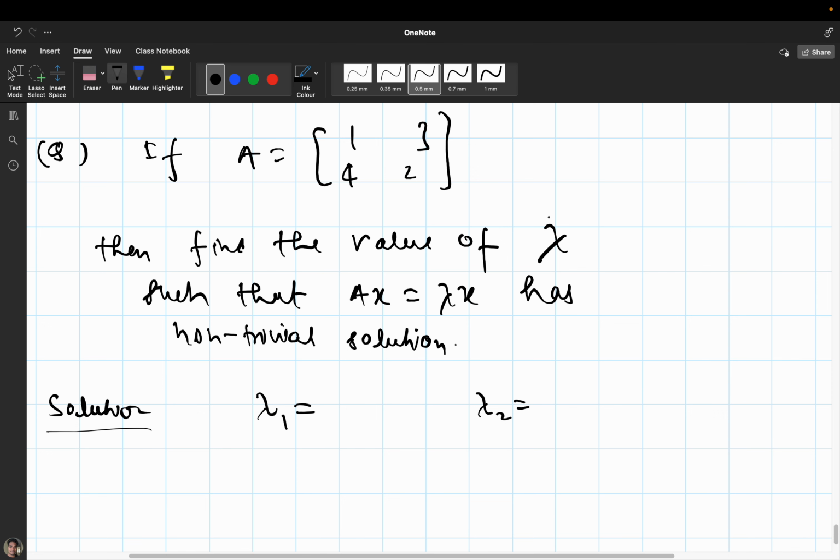I'm asking, find the value of lambda. 5 and minus 2. Yes.